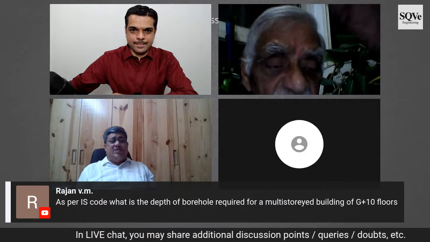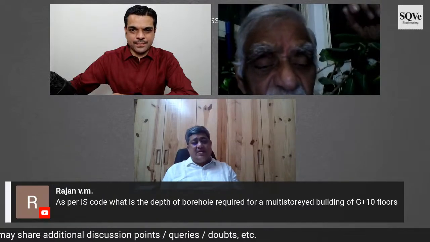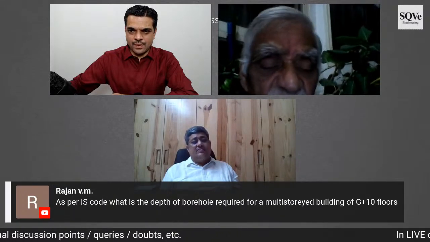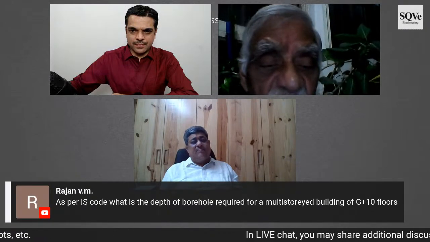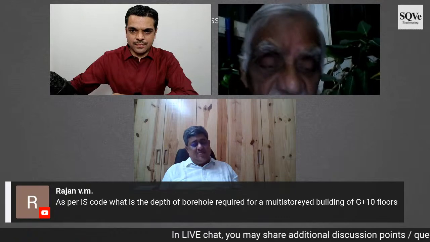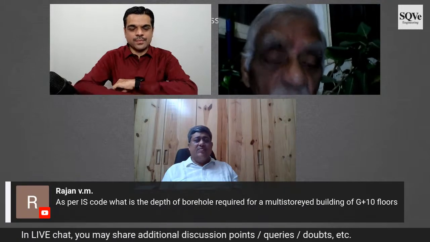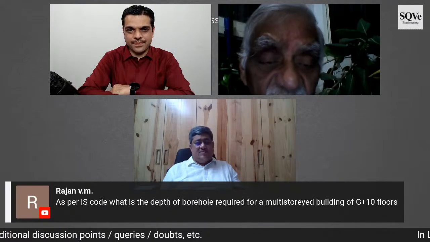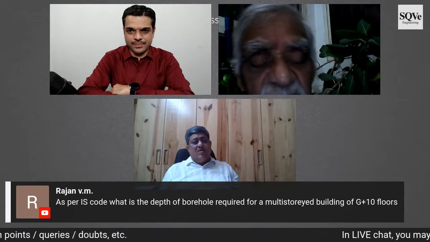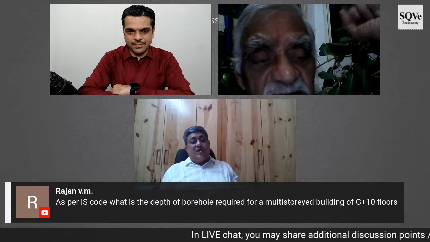Twice the maximum width of foundation, at least, he has to go below the basic foundation level. You normally take 1.5 meters below the ground level if there is no basement. That plus 2.5 times the width of foundation you estimate based on this load should be the depth of borehole. That is what the thing is. And hence I'm saying for a residential building, go ahead with 1 ton per square meter to calculate the size of foundation.